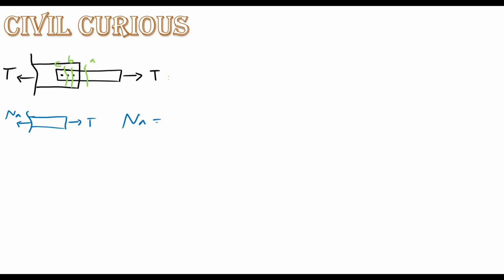We have axial force of NA equal to T, but when we want to have another section, this is my T, and here we have a connection, and here we have NB, and there is here a force, which is 1 divided by 3 of T.